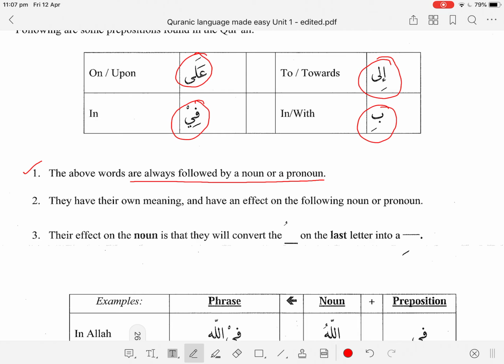Bi must be followed by a noun or a pronoun. Like bi plus ism, it's a noun. Sorry, my Arabic writing is not that good. So bi plus ismu, this is what makes it bismi.